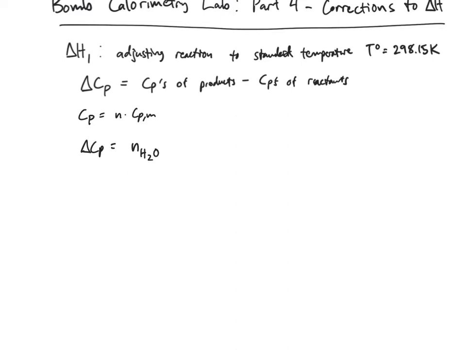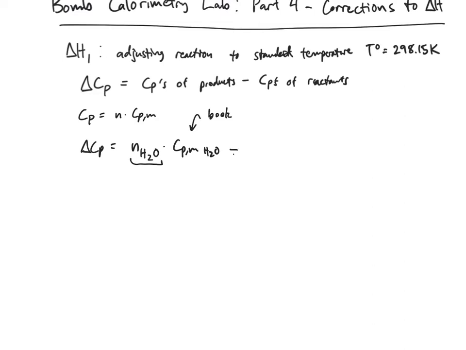So the delta Cp for this particular experiment is going to be, first I'll list the products: the number of moles of H2O times the Cpm of H2O. This right here we found in an earlier video, but this right here is in the appendix of your book. You can find that value in the back of your book.